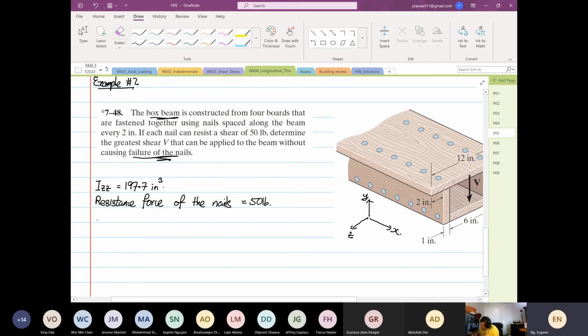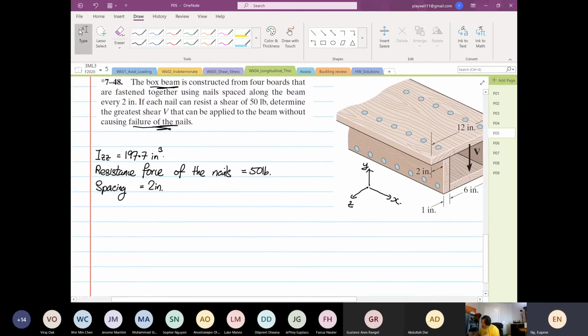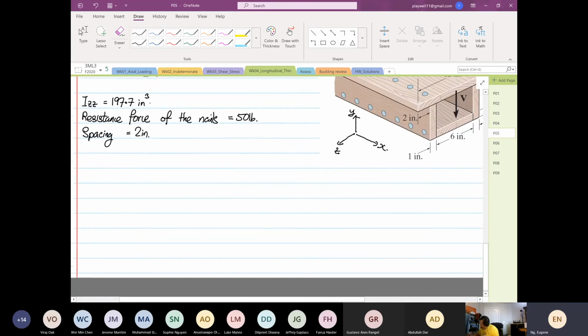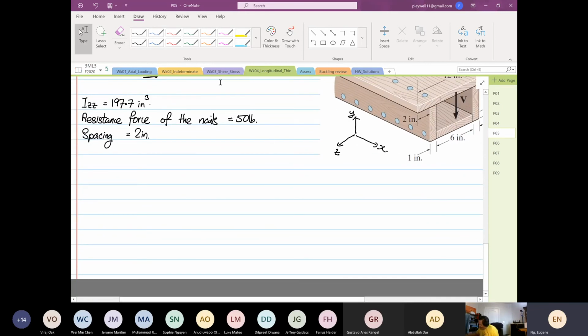And we are given the spacing, which is equal to 2 inches. So every 2 inches they put the nail in. So we're going to look at the structure now.